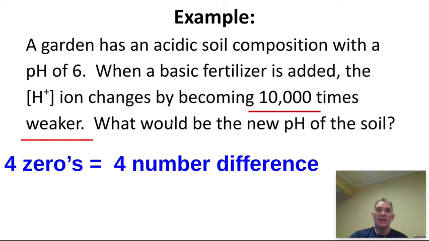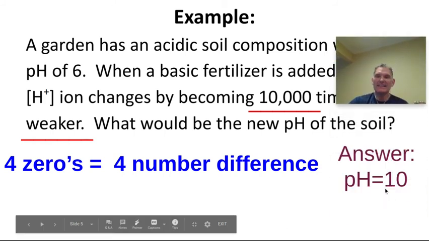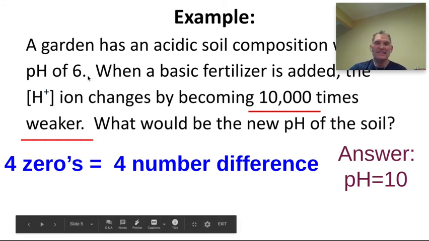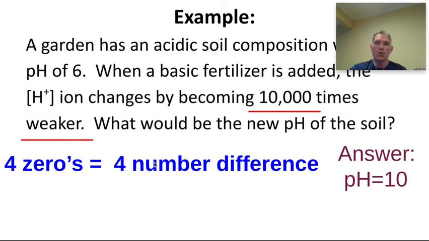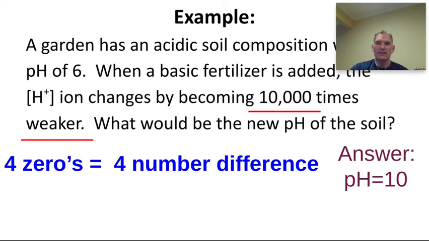Now, we are becoming weaker in acid. So that means I'm going to be sliding up the scale, and that's going to tell me I'm going to be a pH of 10. Notice 6, 4 zeros, 4-number difference. I'm getting weaker, so I'm going up the scale. Answer, pH of 10.